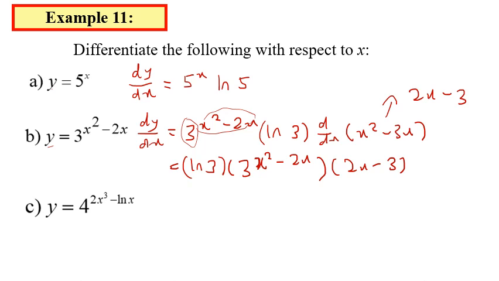And the last one, we have 4 power of 2x cubed minus ln x. We have yet to learn the derivative of ln x, so I'll just give you the result: the derivative of ln x is 1 over x.